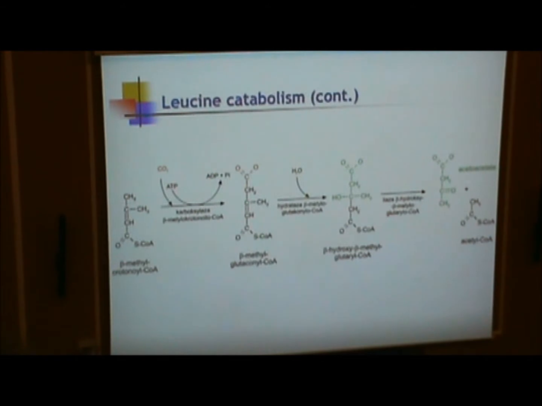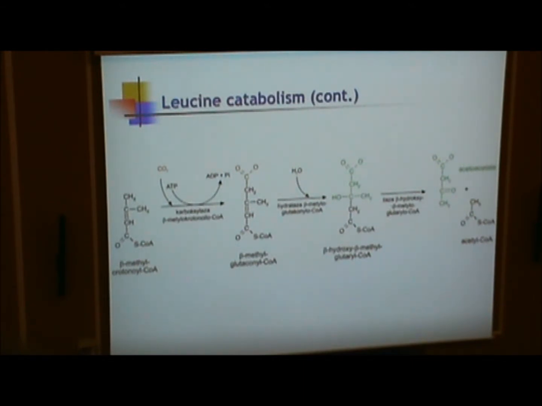So the reduction of the ketone group results in formation of beta-hydroxybutyrate, and the decarboxylation of acetoacetate results in formation of acetone. This is a typical ketogenic amino acid.